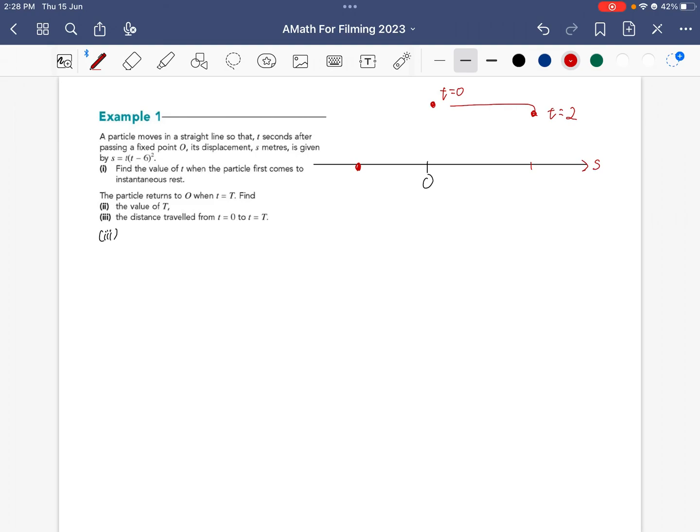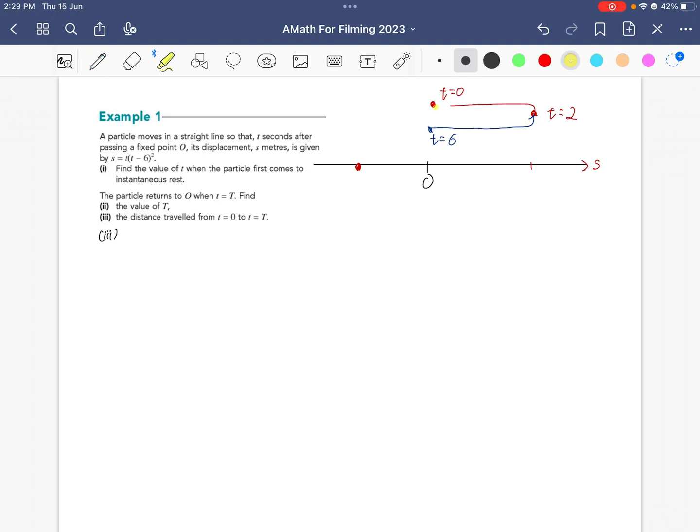My displacement here, we will have to find that later. Then don't forget that in the next part of the journey, the particle will continue to travel backwards until 6 seconds. So at 6 seconds, the particle is down here.